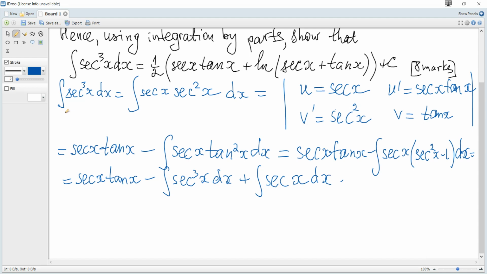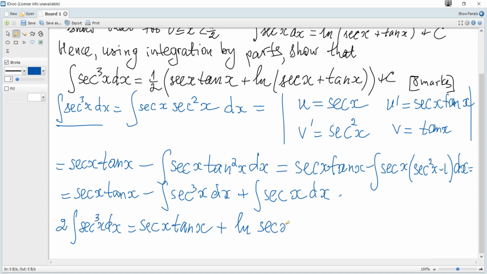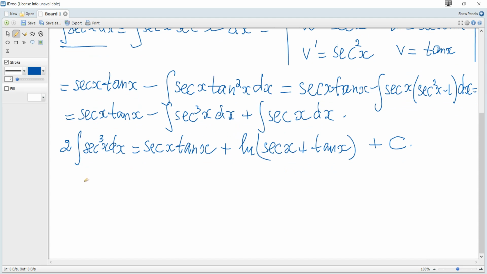And we can see that the integral is secant cubed, and also there is secant cubed here, so we can move it to the left and get that 2 times the integral of secant cubed x dx is equal to secant x tangent x plus the integral of secant x, which is this ln, so plus ln(secant x plus tangent x) plus a constant.